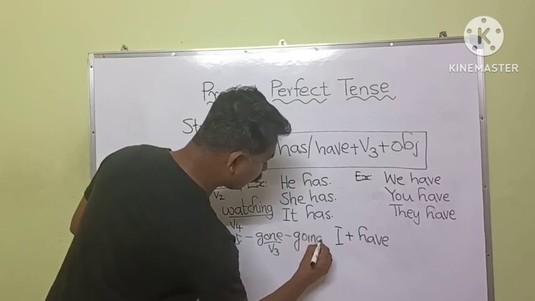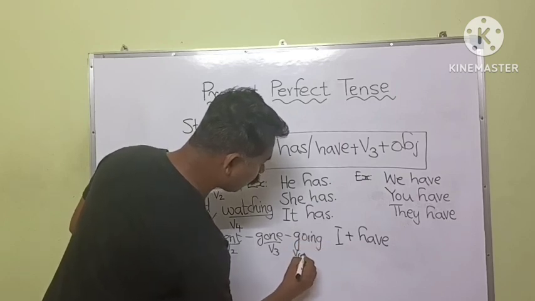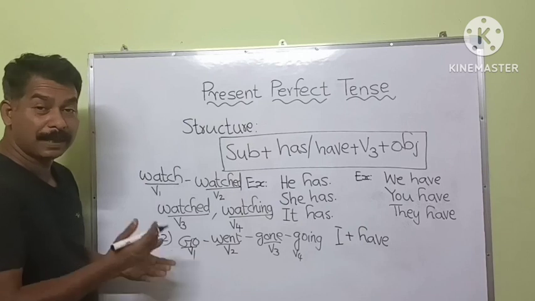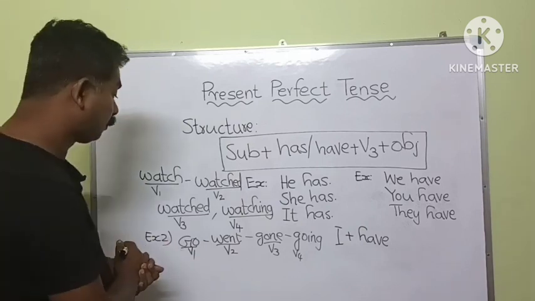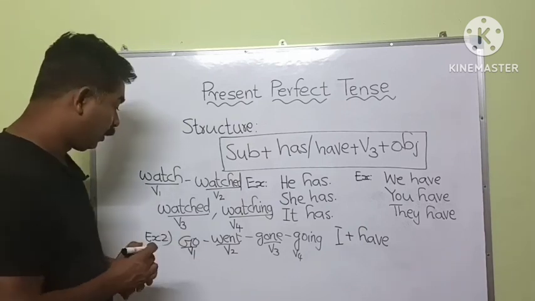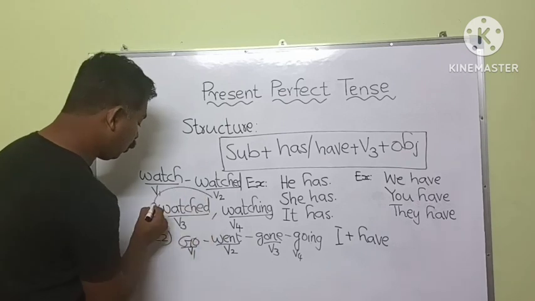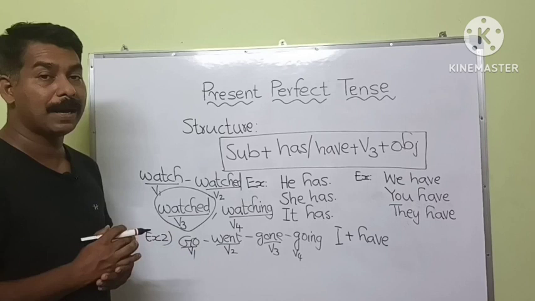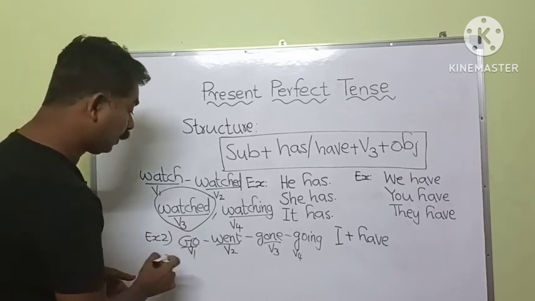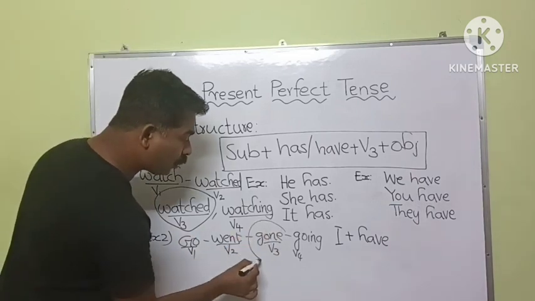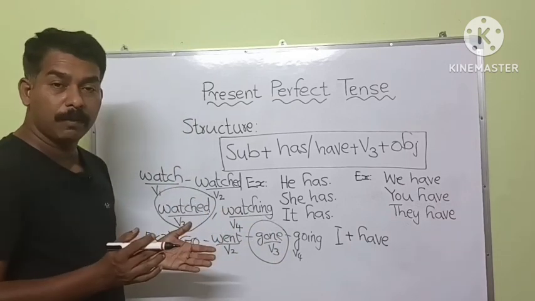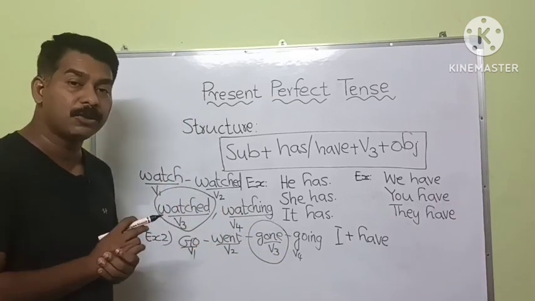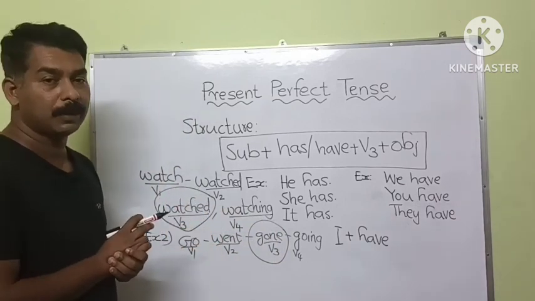Going, V4 or present participle form of the verb. So here watched is the third form of the verb or past participle form of the verb. Here gone is the V3 form of the verb or past participle form of the verb.